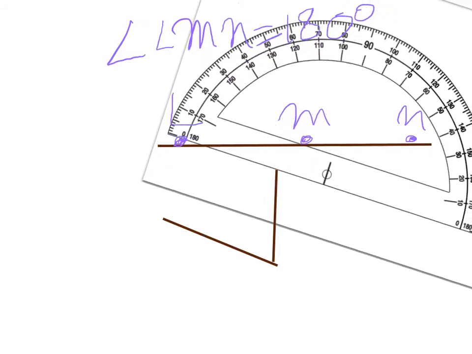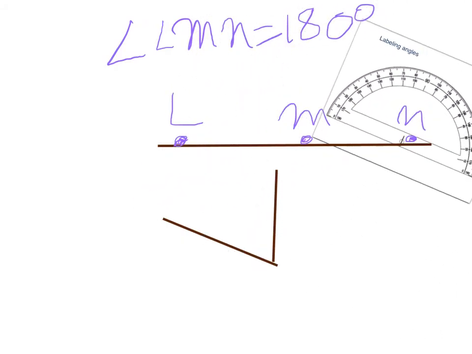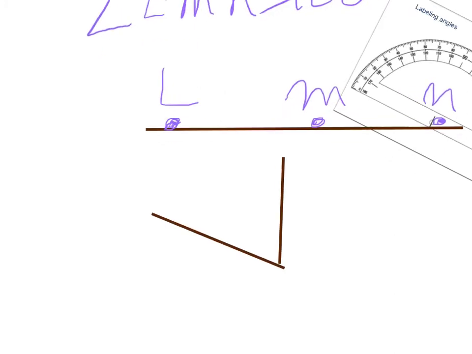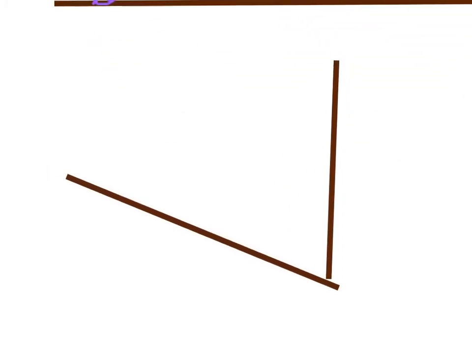All right, so let me rotate my protractor. Let me zoom it small. Let me zoom in on this guy. I guess we're looking at one thing at a time. So there's my dot on the line. There's my dot on the vertex. And here's my other dot.